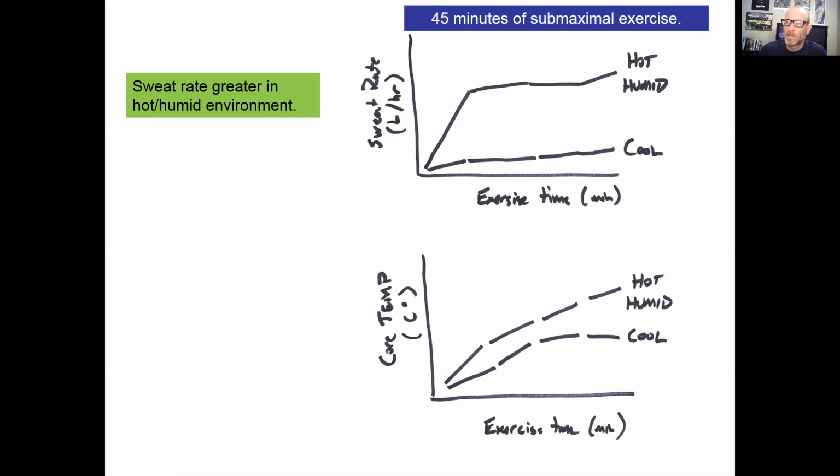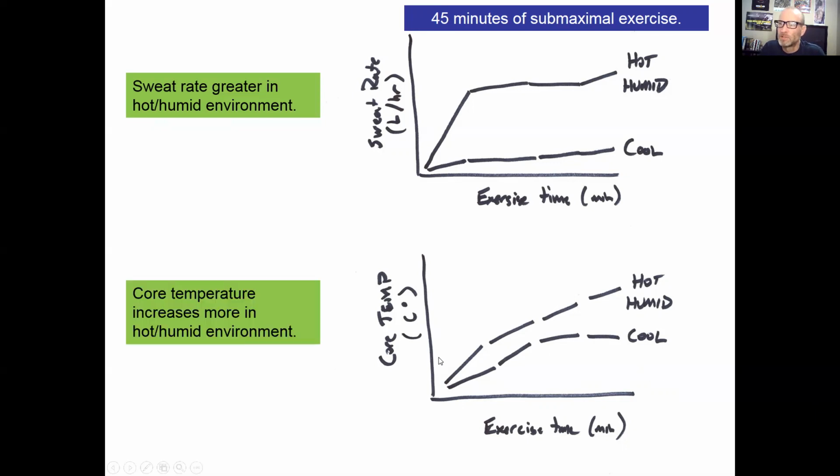All right, the other graph I have here is core temperature. We can have a rise in core temperature in a hot, humid environment, and that rise can be faster than what happens in a cool environment. Again, this depends on how hot and humid, but in general, we run the risk of running higher core temperatures in exercise in hot and humid environments versus cool environments.